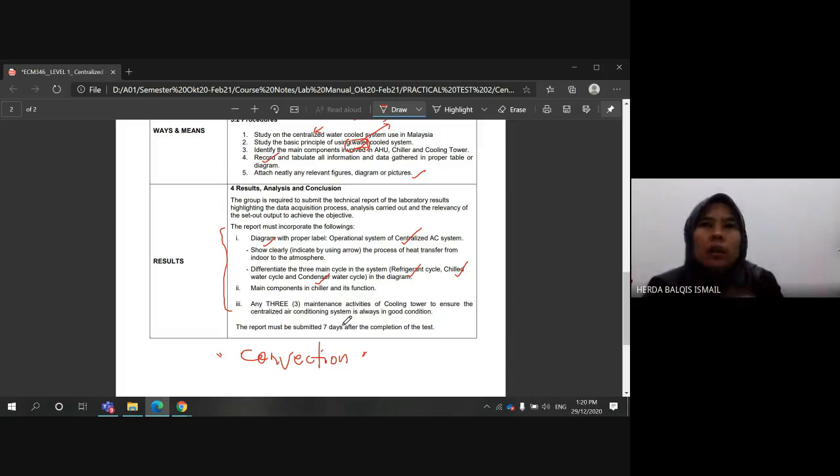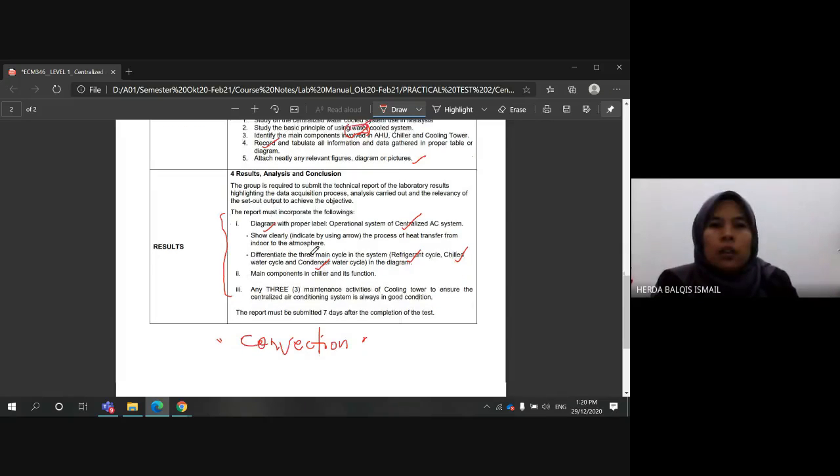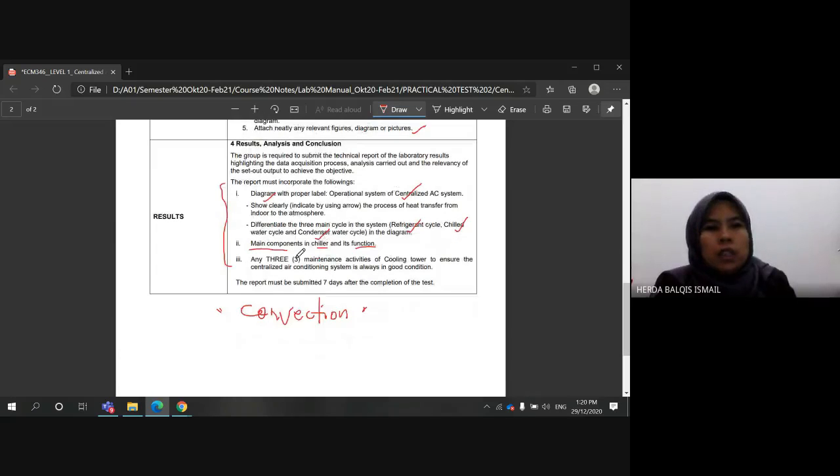The details you can refer to in the video. So hopefully by illustrating the diagram, you can differentiate the three main cycles in the system. To identify the main components in the chiller and their functions, as I mentioned, there are four.